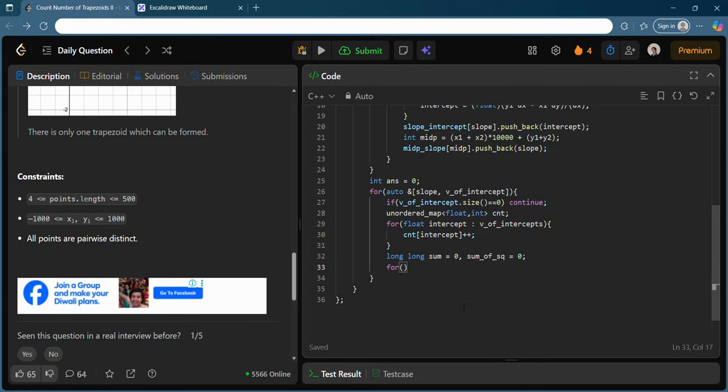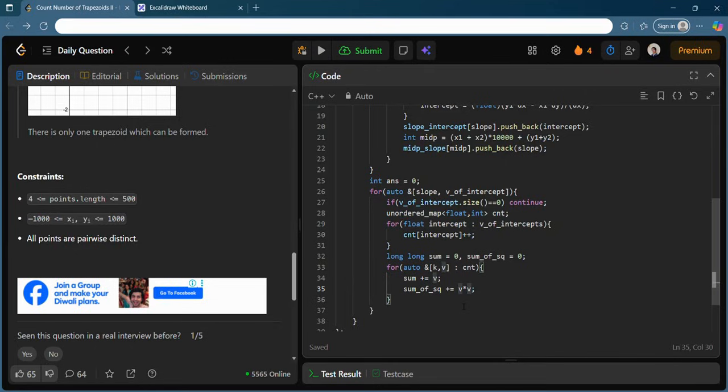So you can go through this map right now, let's say key comma value pair of this count map. You are having the value directly, so you just calculate sum plus equals v. For sum you just need to add it, and for sum of squares you just need to add v into v.